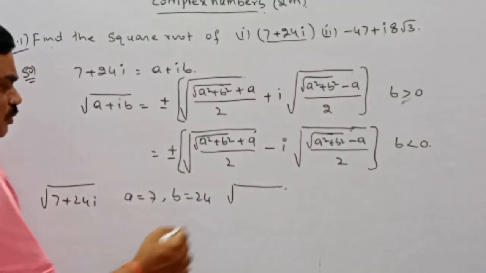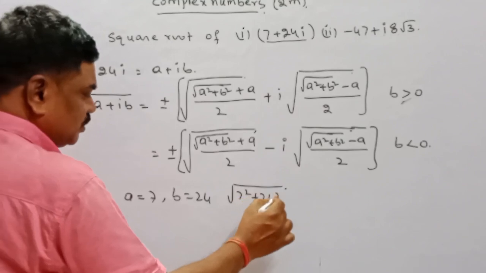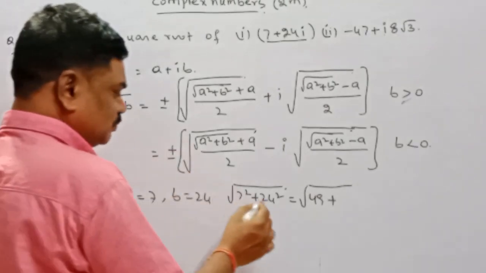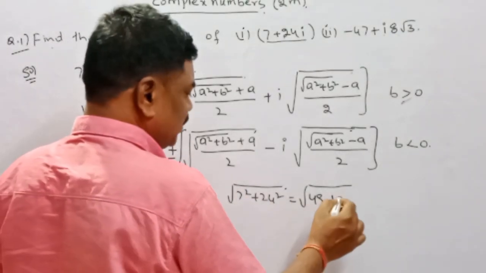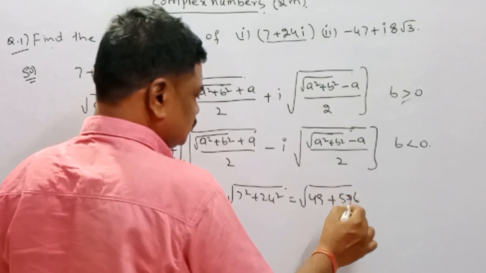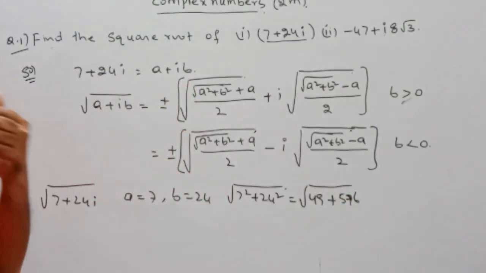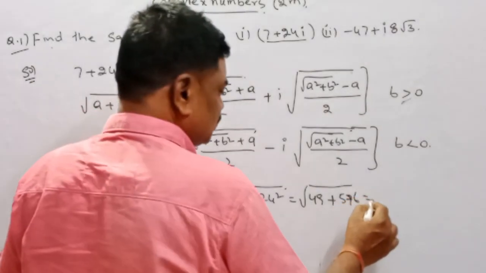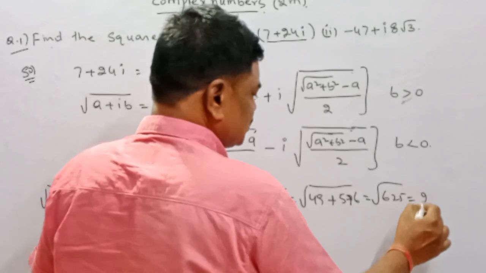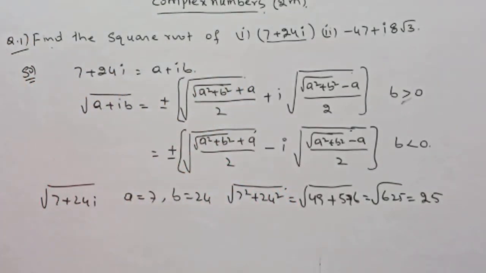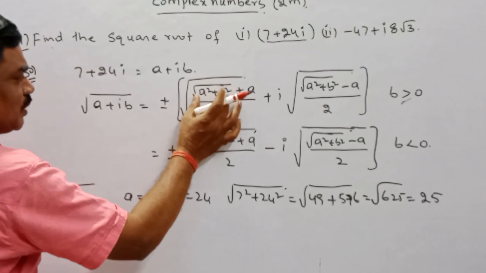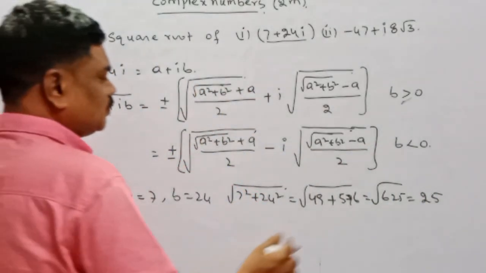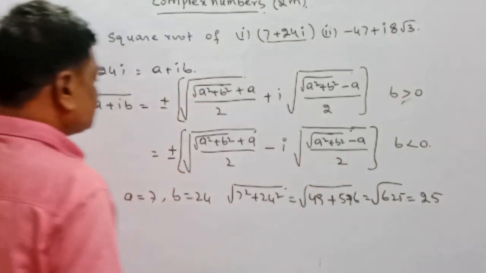So root of 7 square plus 24 square is equal to root of 49 plus 576, which is root of 625, equal to 25. This value, root of a square plus b square, is 25.